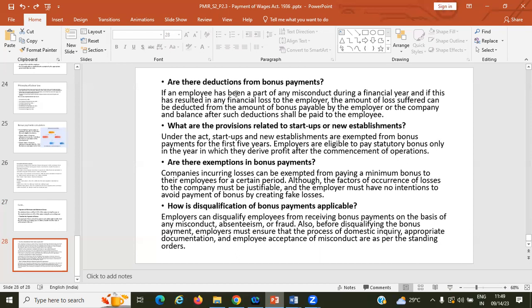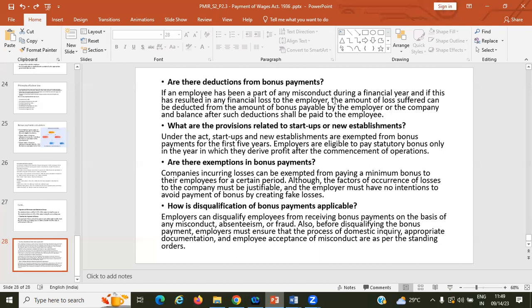If an employee has been a part of any misconduct during the financial year and if this has resulted in any financial loss to the employer, the amount of loss suffered can be deducted from the amount of bonus.